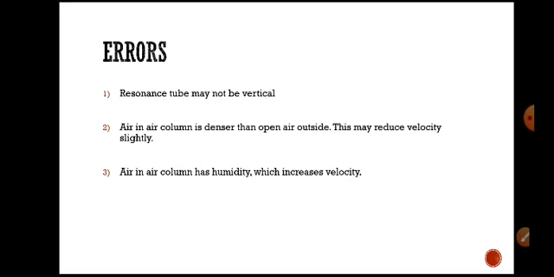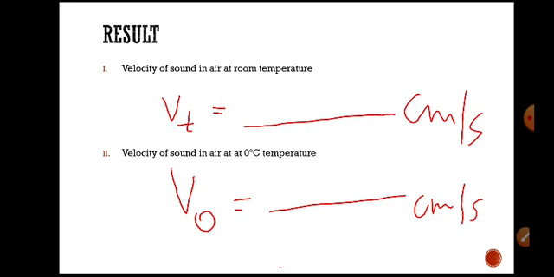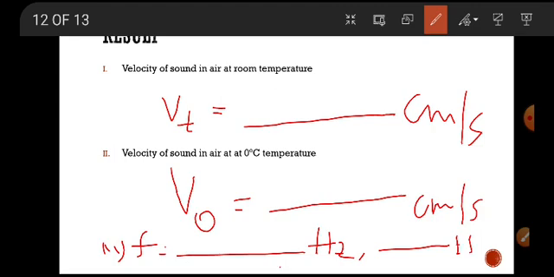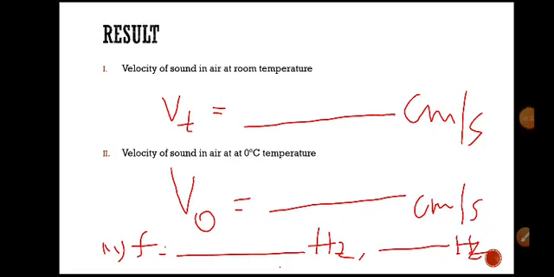If he asks for the result, to find the frequency of a given tuning fork, then you have to write the frequency of the given tuning fork is found as frequency f equals something hertz. And if two tuning forks are given, then you can write it as he asks.